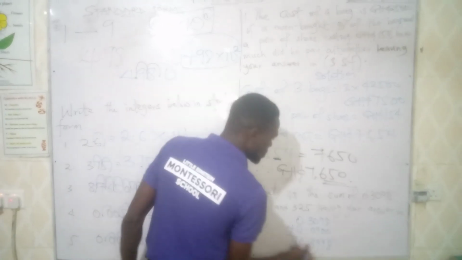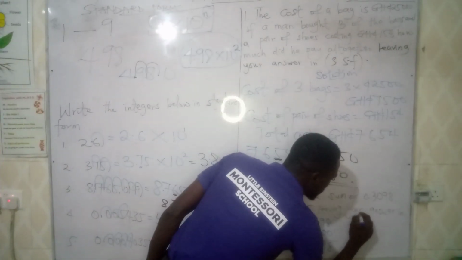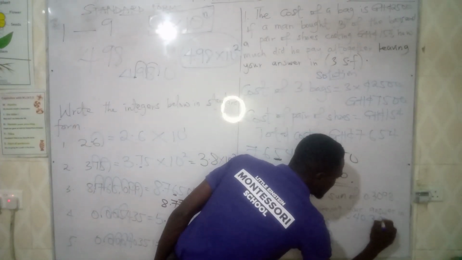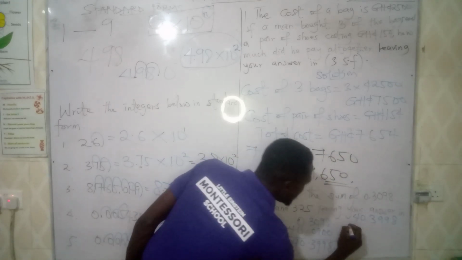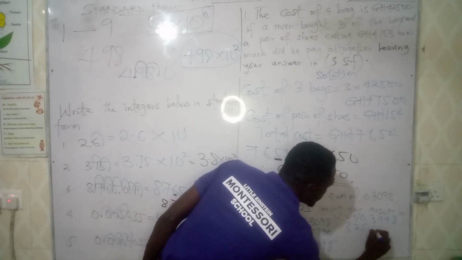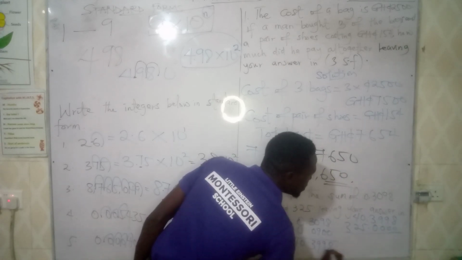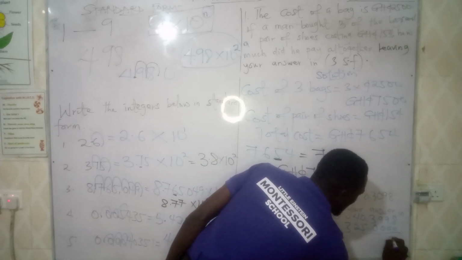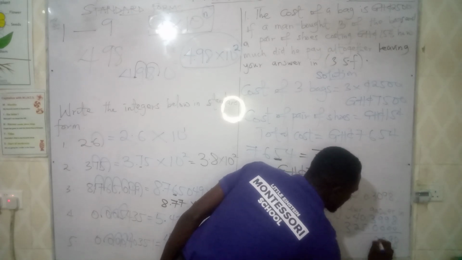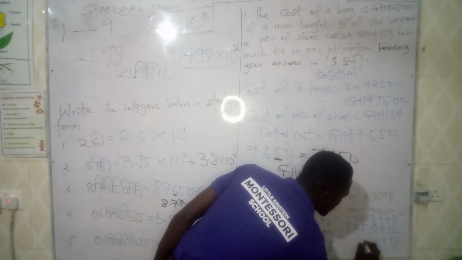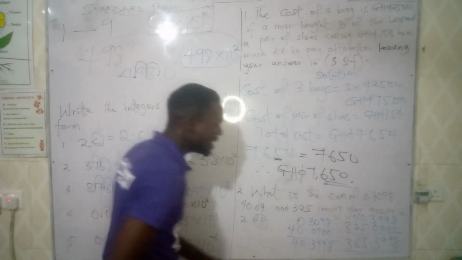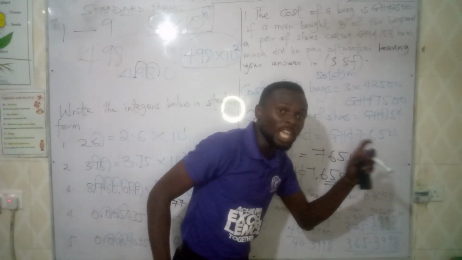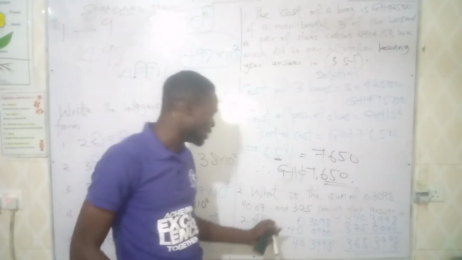Now add this to the third number, 40.3998. Then you have 325. Our answer is 365.3998. This would have been our final answer if we were not told to leave our answer in 2 decimal places.